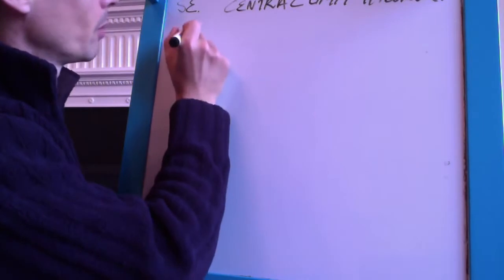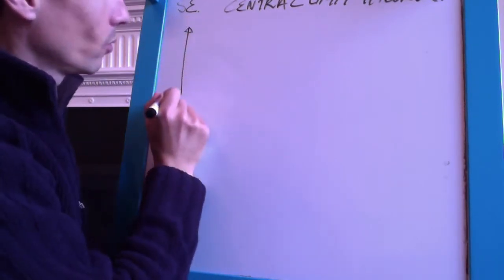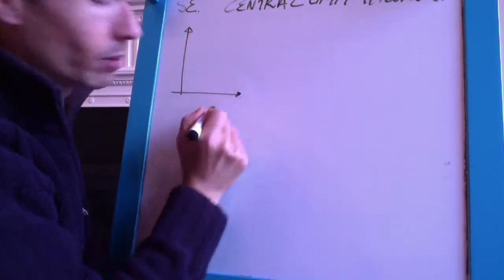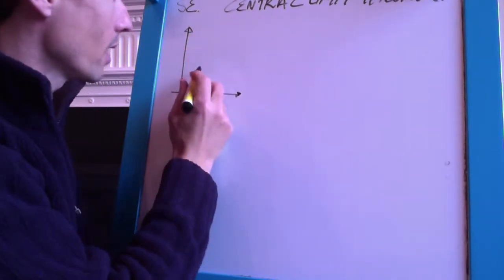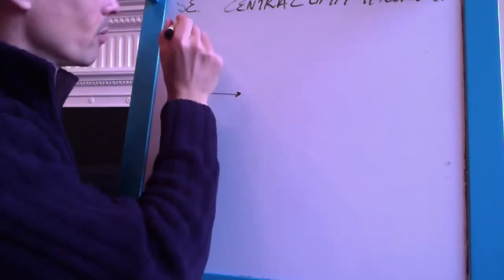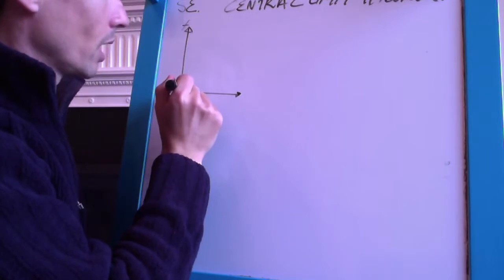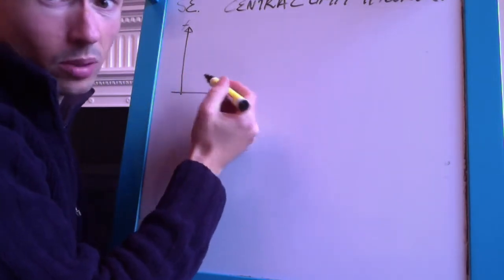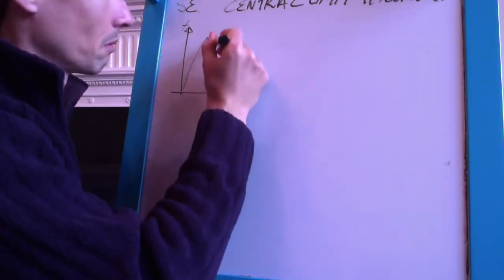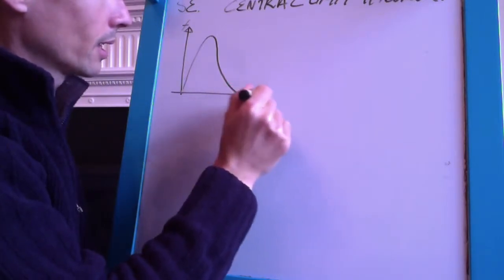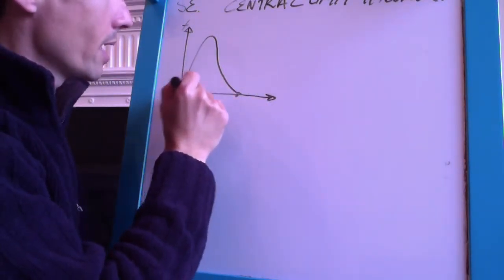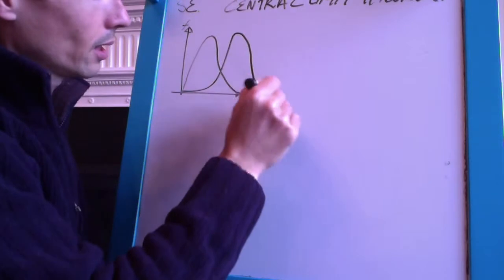The central limit theorem says that if we have a population, and we'll illustrate a population with a frequency distribution, our population might be a skewed population, like that, or it might be a normal distribution, like that.